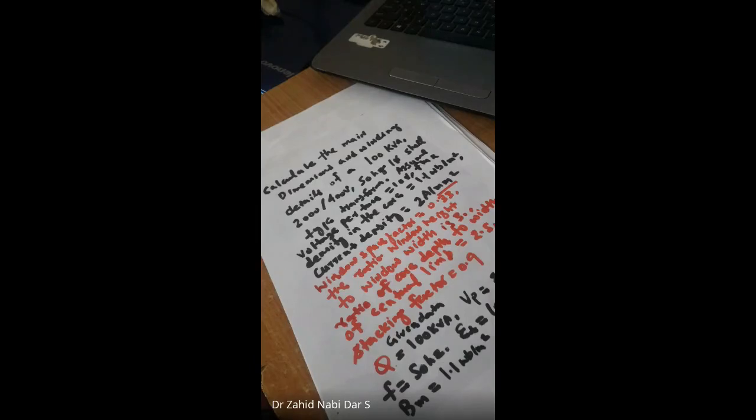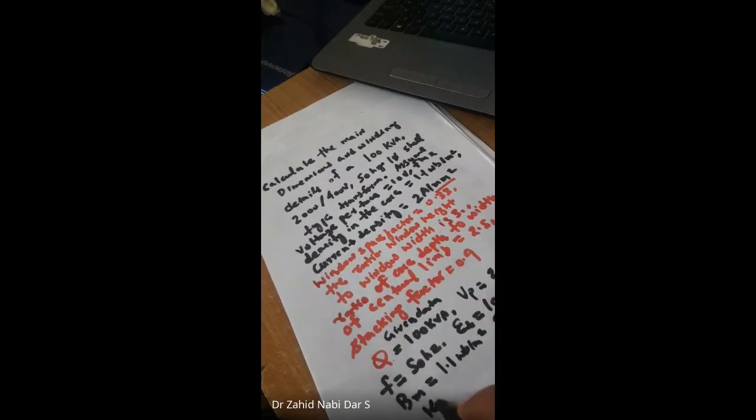Okay, this is given. Window space factor KW is given as 0.33, and the ratio of window height to window width, HW divided by WW, is equal to 3. This ratio is given, and the central limb B by 2A is also given.